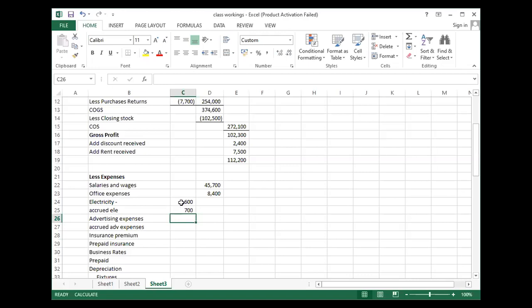This year, we have so far paid 1,600 for electricity, but there is still an amount of 700, which is accrued or outstanding and has not been paid for. Therefore, that amount should be added to the amount that we have paid so far, so that we can know the total amount of money for electricity this year. Is it making sense? And therefore, I expect an addition there, and the amount becomes 2,400 written there.